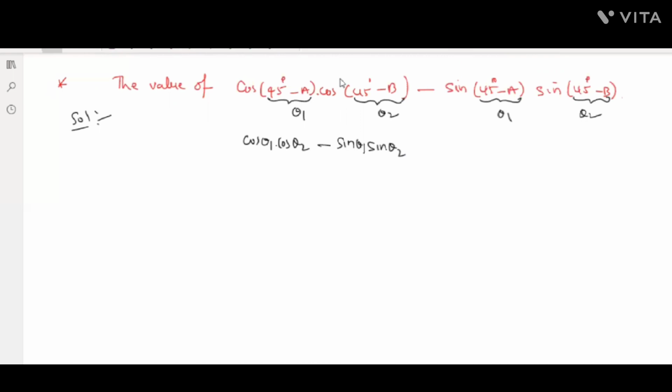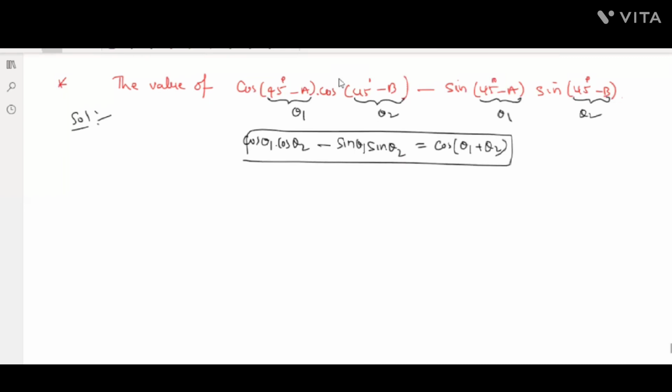So what we learned just now is the formula for cos of theta 1 plus theta 2, where theta 1 is 45 minus a and theta 2 is 45 minus b.